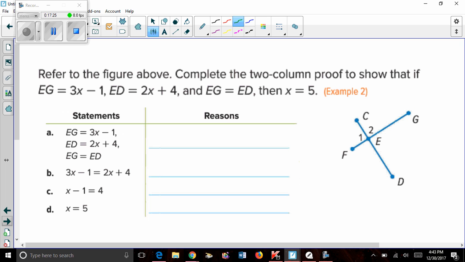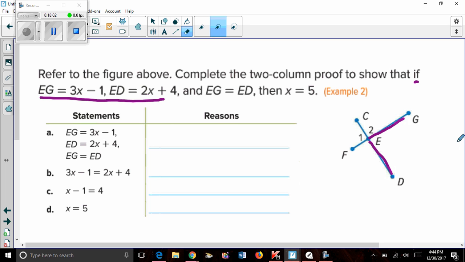All right. This proof says, refer to the picture above. Ours is below, right here. Complete the two-column proof to show that if segment EG, this little piece right here, is 3x minus 1, and the measure of line segment ED is 2x plus 4, and that EG is equal to ED.